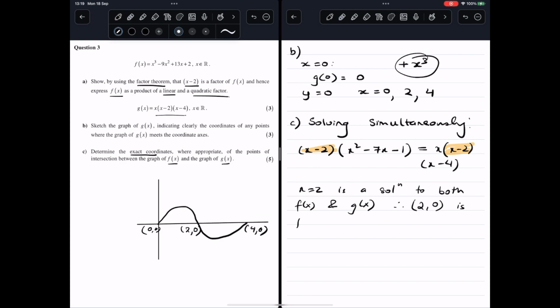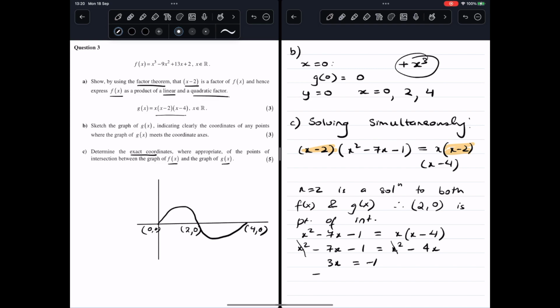Now for the rest of it, I'm just going to put it out here. For the rest of this, you're going to have x squared minus 7x minus 1, which is going to be equal to x(x minus 4). So expanding the right-hand side will give me x squared minus 4x, and cancelling the x squares will give me minus 3x equal to 1, and therefore x is equal to minus 1 over 3.